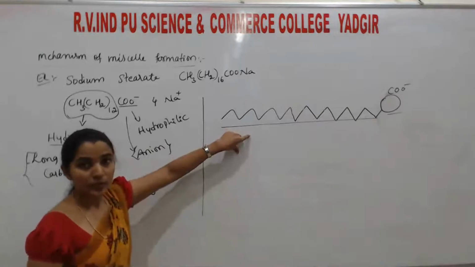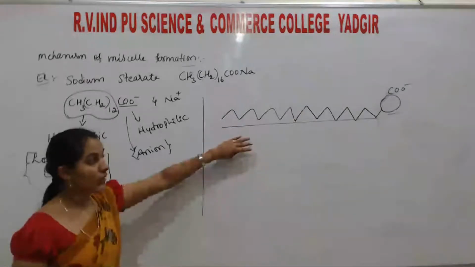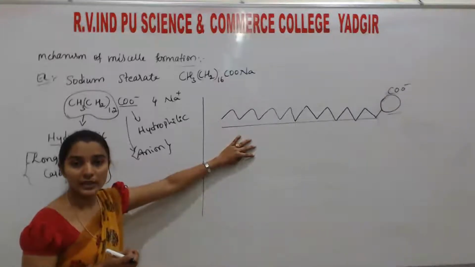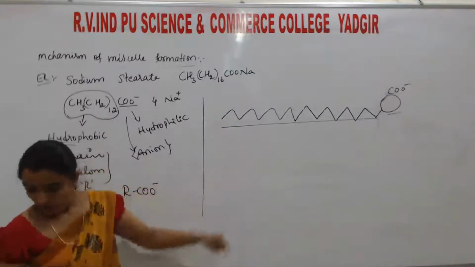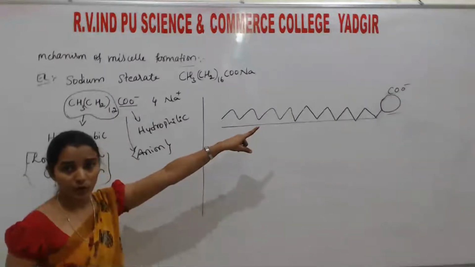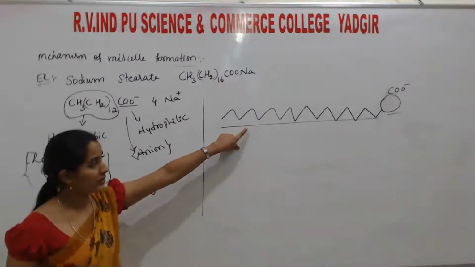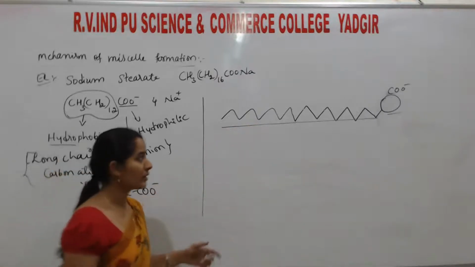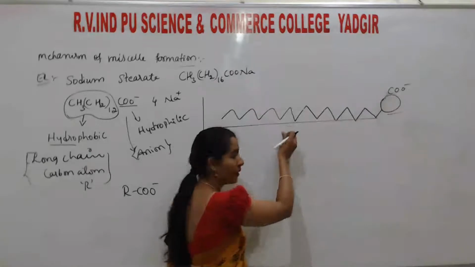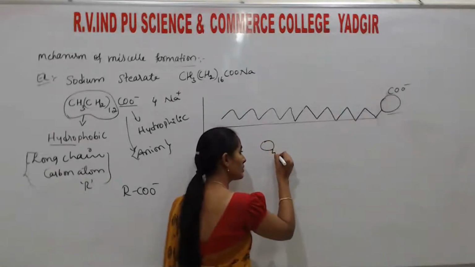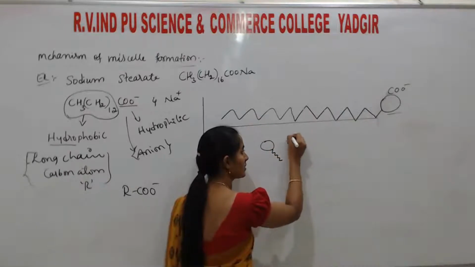So what is the mechanism involved in the formation of micelle? Okay. Listen, this is non-polar, that is polar. So what happens in the micelle? This non-polar part is attracted towards the center like this.